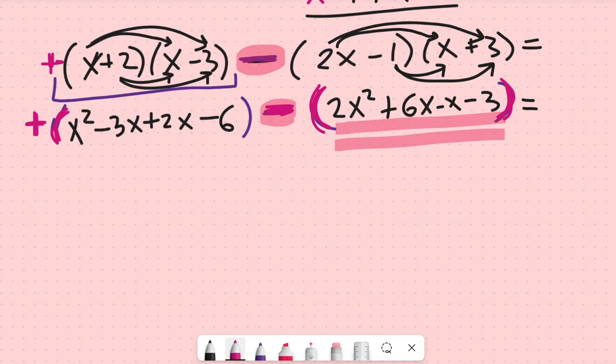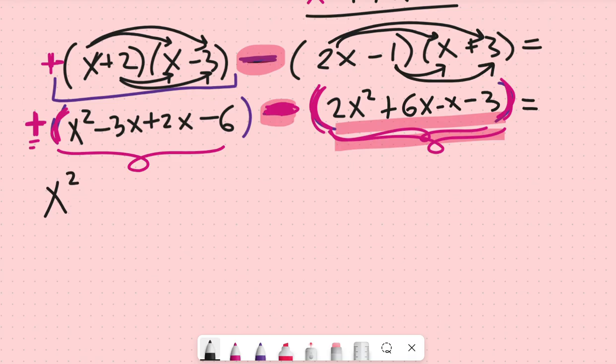So this minus will change the sign of all of the terms. So when there is plus, everything remains the same. When there is minus, all the signs will be changed. So we said everything remains the same. X squared minus 3x plus 2x minus 6. When there is minus, everything changes.